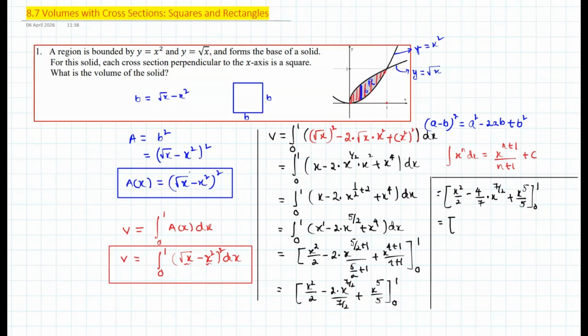When we substitute the limits, the upper limit gives 1 squared over 2, that is 1/2, minus 4/7 times 1 to the power 7/2, which is just 1, plus 1 to the power 5 over 5, that is 1/5. The lower limit gives 0 for every term, so the overall is 0.